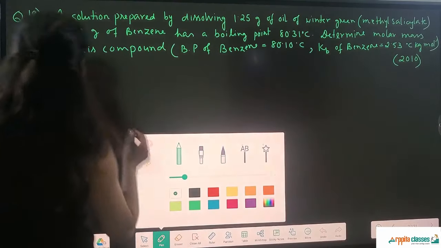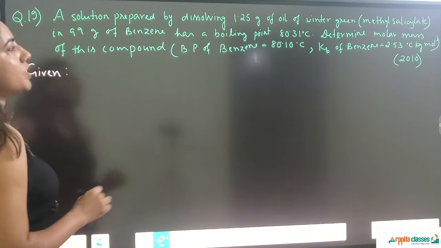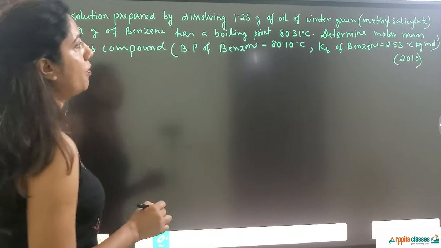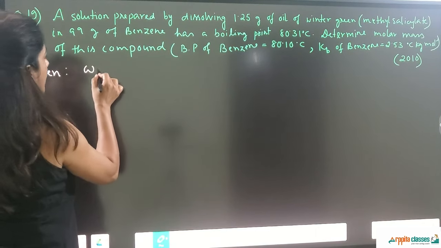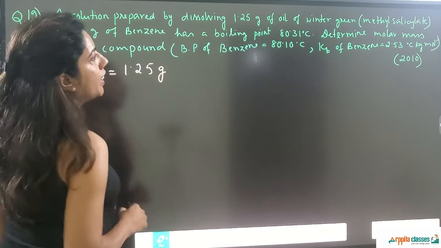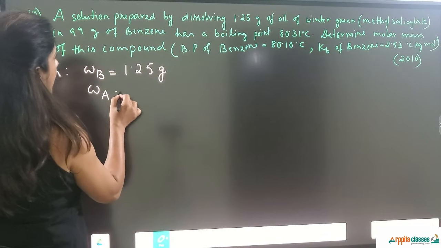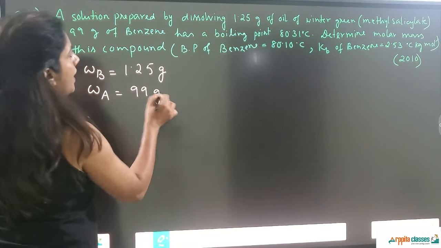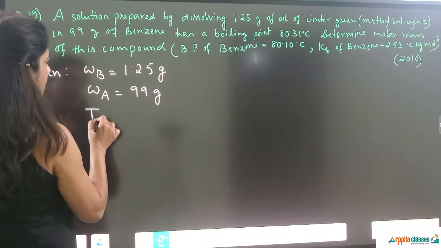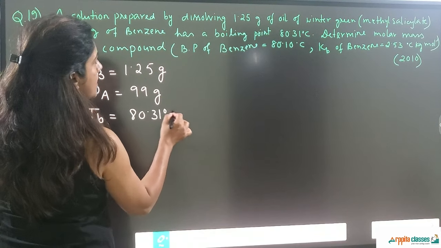First of all, we'll write down the given information. Dissolving 1.25 gram of methyl salicylate is your WB, dissolved in 99 gram of benzene, which is your WA. The boiling point of the solution, denoted by TB, is 80.31 degrees Celsius.